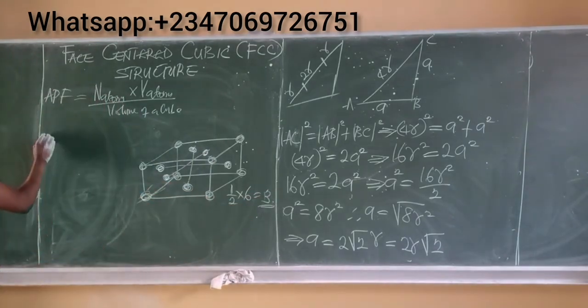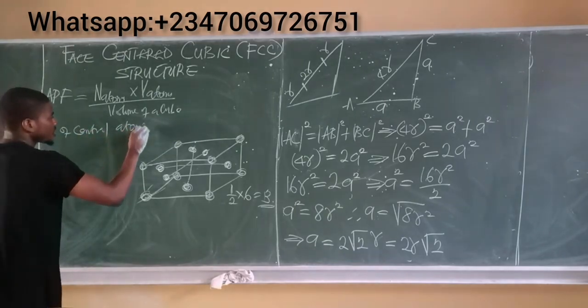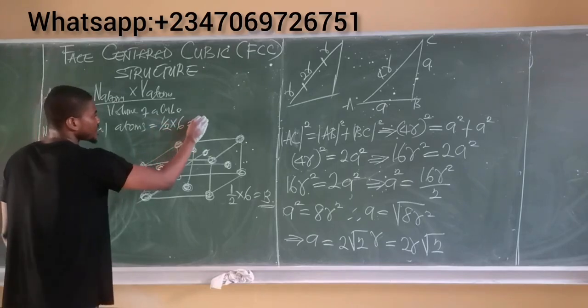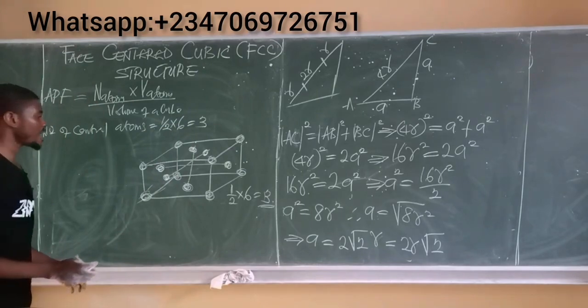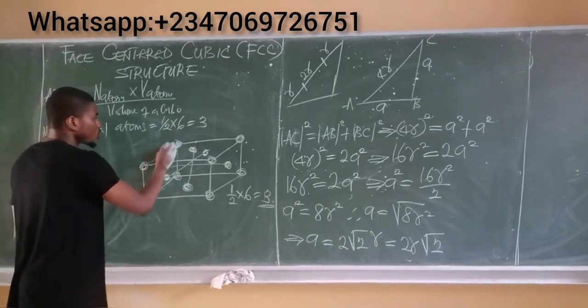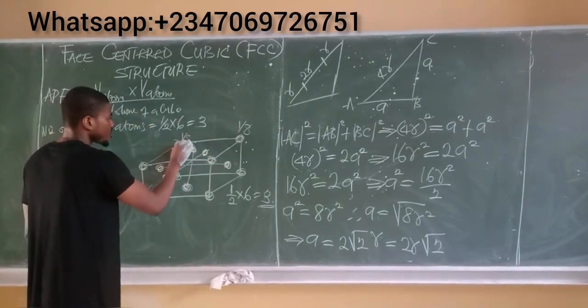So the number of central atoms equals 1 over 2 multiplied by 6, and that gives us 3 central atoms. Then again, we need to find the total number of corner atoms. Remember I said that each of these corner atoms contributes 1/8 of its volume.